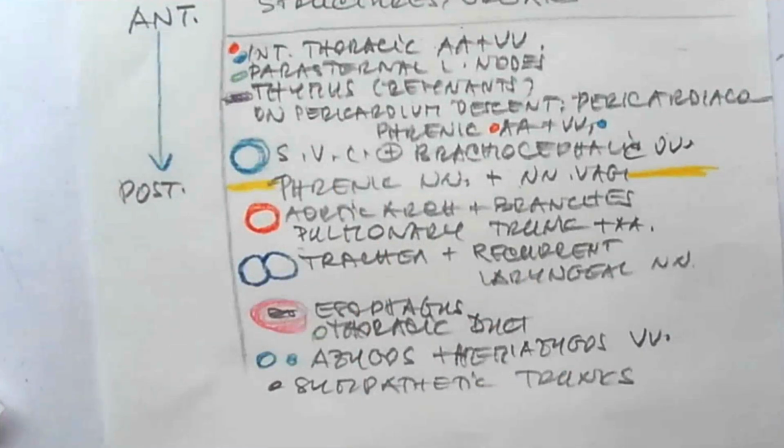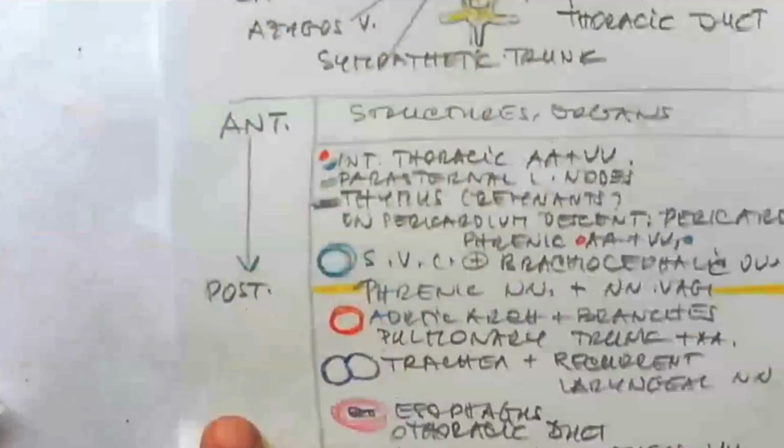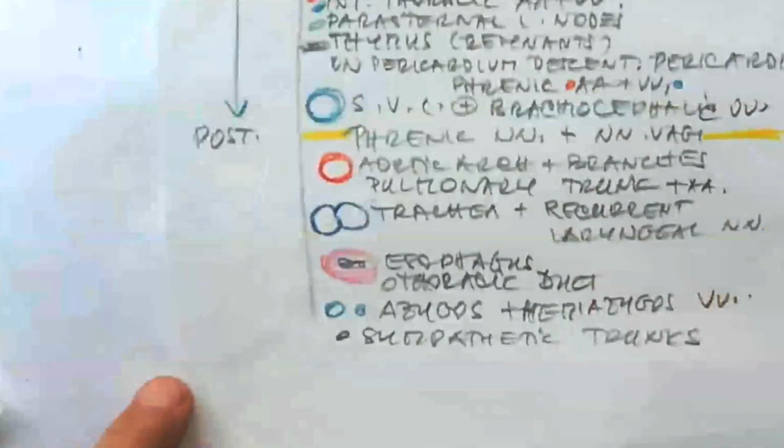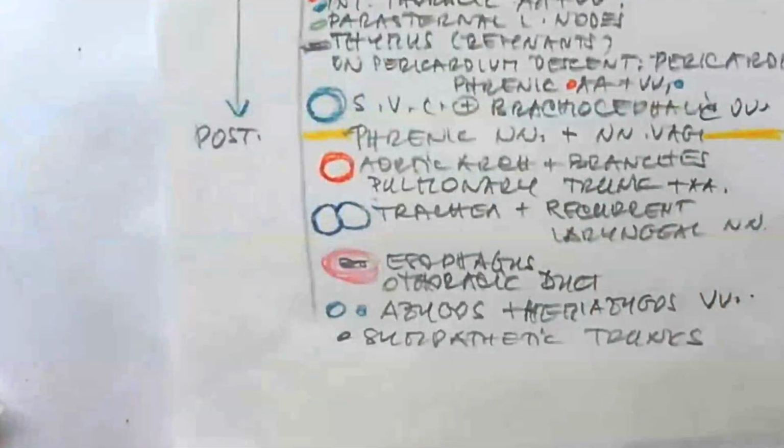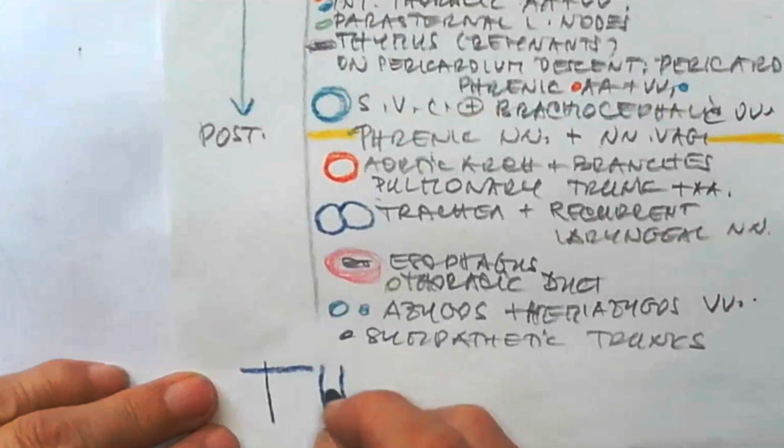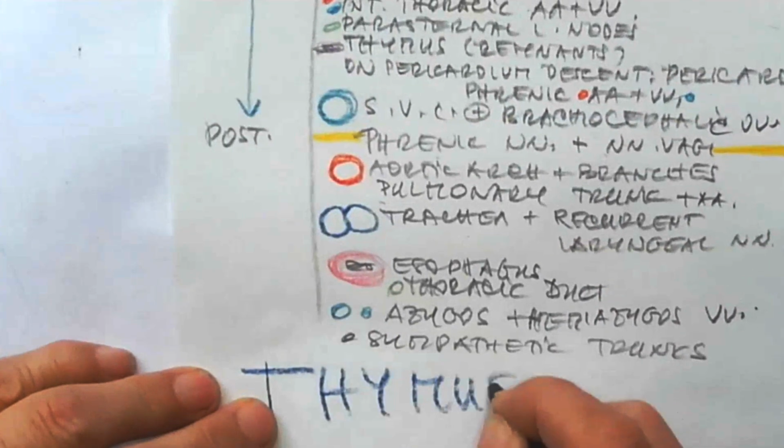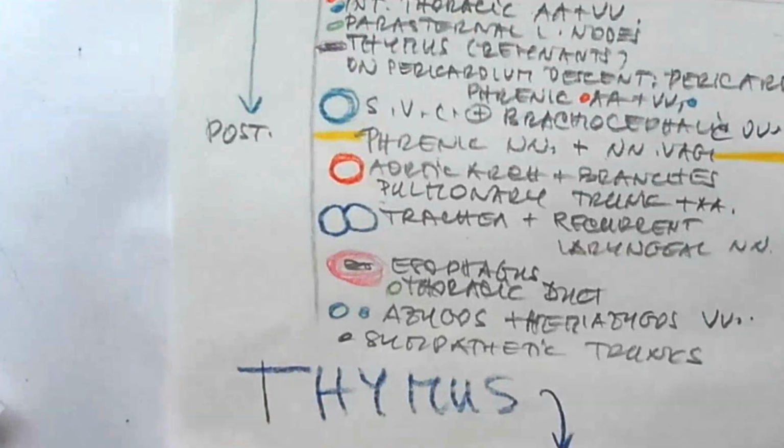So looking now at the thymus, we can start immediately here, because which color? Maybe blue. Thymus as an organ, right, on the next page.